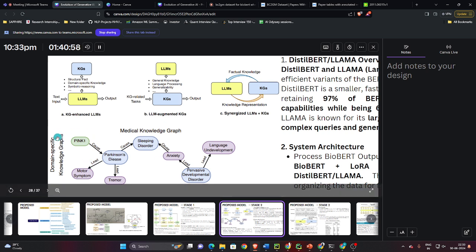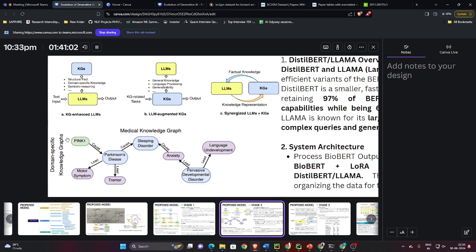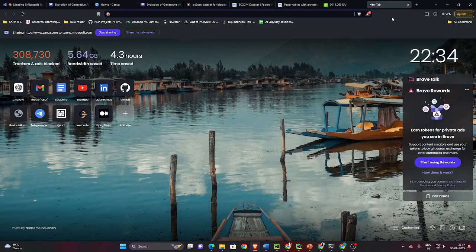I believe, actually, this is very good. So I tell you that in a tool like this in the future, this is what I want here. Do you know what is pink one here? It's a gene, I guess, that causes Parkinson's disease. Yes. Now it recognized pink one here, which is fine. But then it had motor neurons.